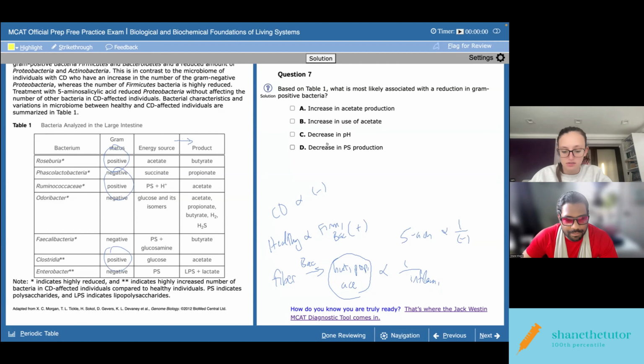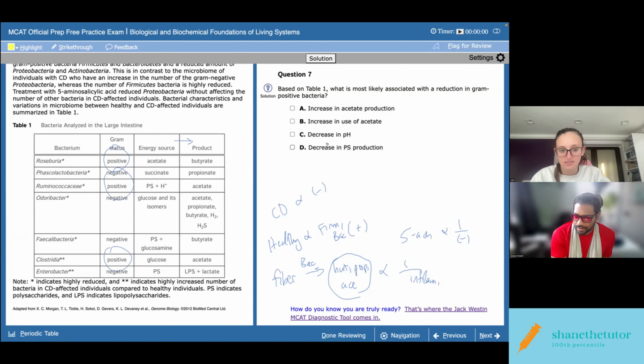The second one is polysaccharide plus H plus, a proton, which means it's an acid.